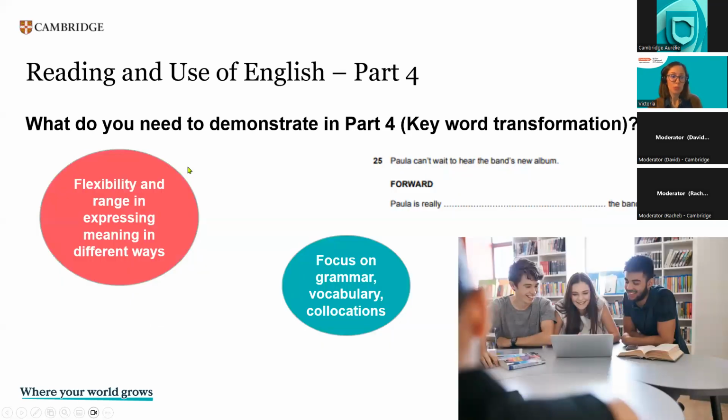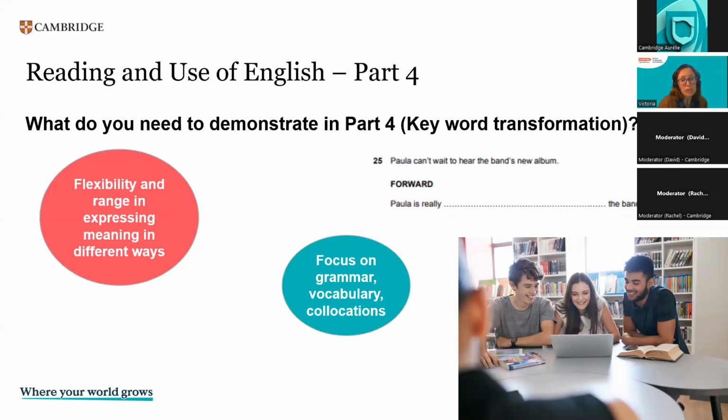Right, so we are moving on to the Reading and Use of English part 4, which is the keyword transformation, you know, where you have the leading sentence, the keyword, and then the second sentence for you to complete. So what are we looking for in this part of the exam?